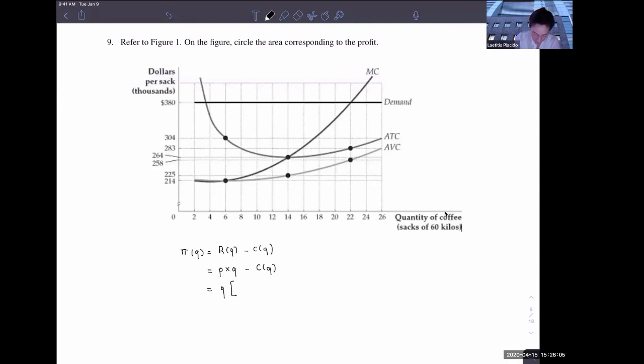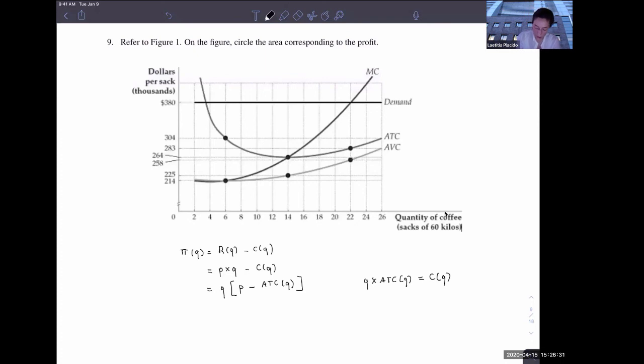For the total revenue, you have P times Q, and minus, what do you need here to get total cost? Well, you put average total cost of Q, because you remember that Q times average total cost of Q is total cost.